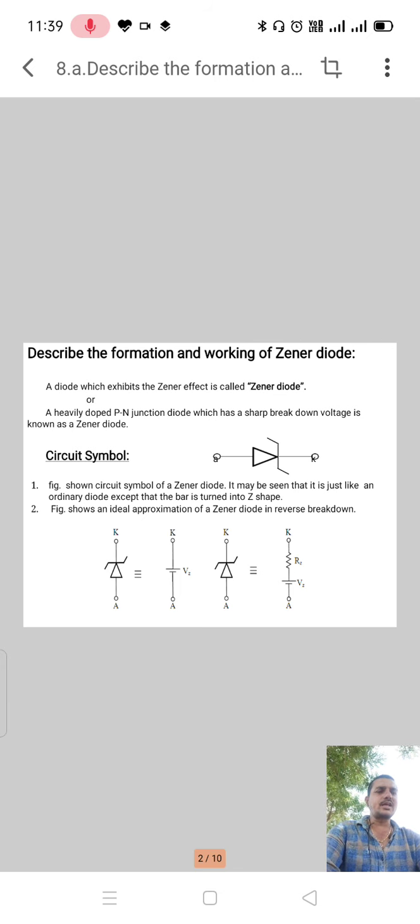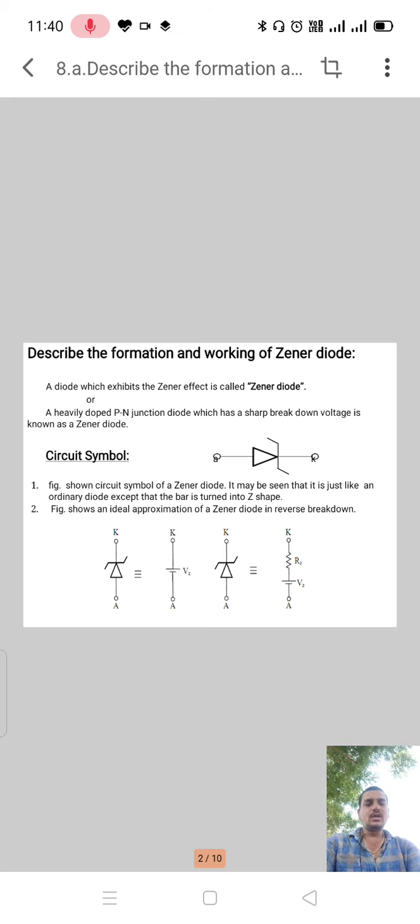Maximum Zener impedance at test current is 25 ohms. Maximum DC Zener current is 110 milliamps. And maximum power dissipation in Zener diode is 500 milliwatts to 75 watts.